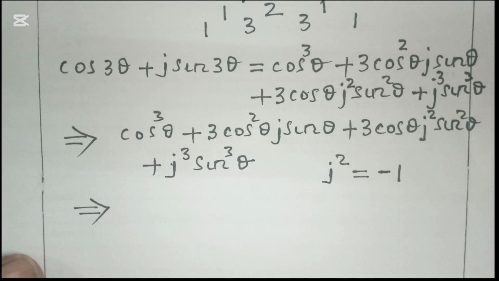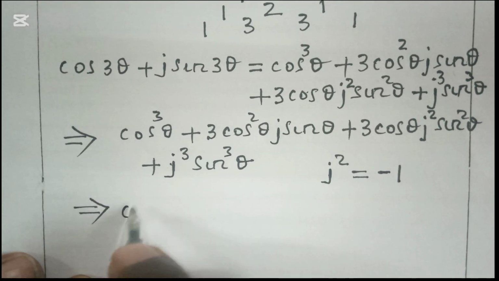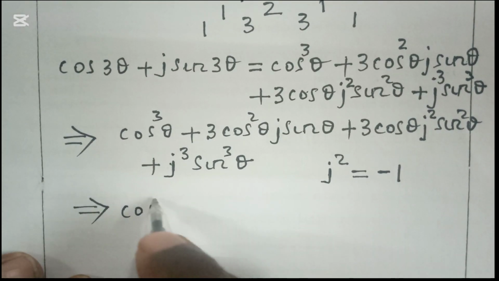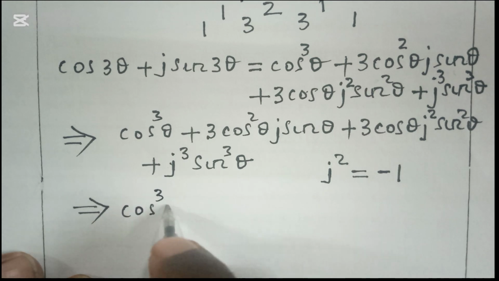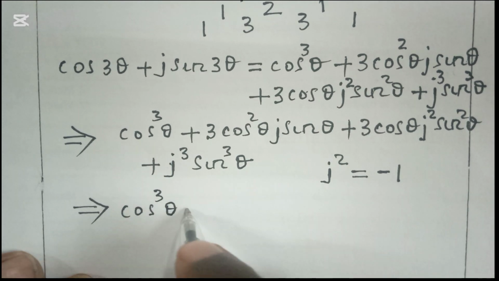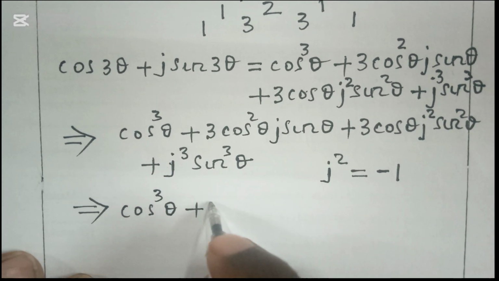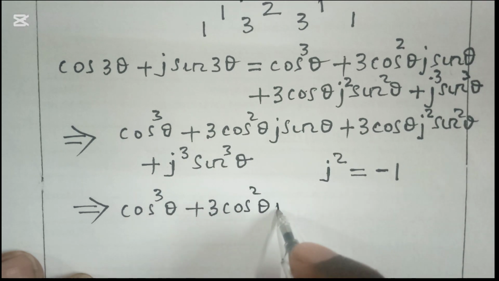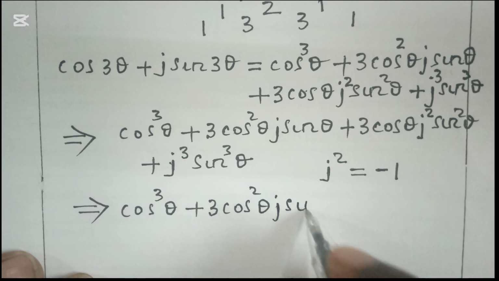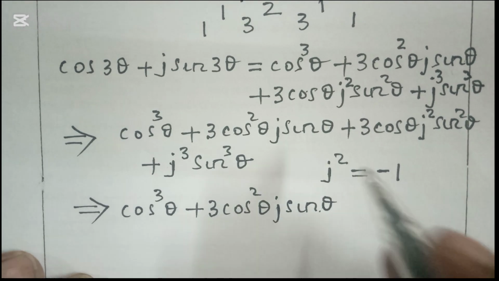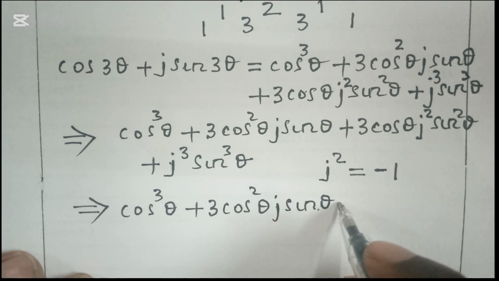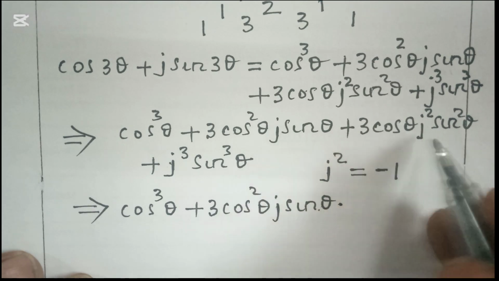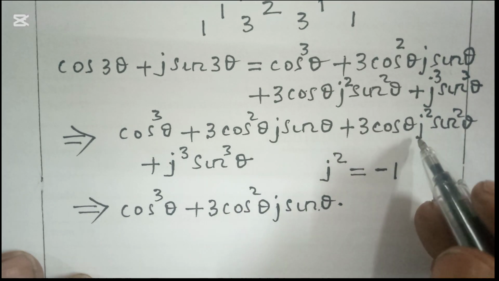And so therefore we are going to have cos cubed theta, plus 3 cos squared theta j sine theta. And when we come now to j squared, we remove the j squared and change the sign.